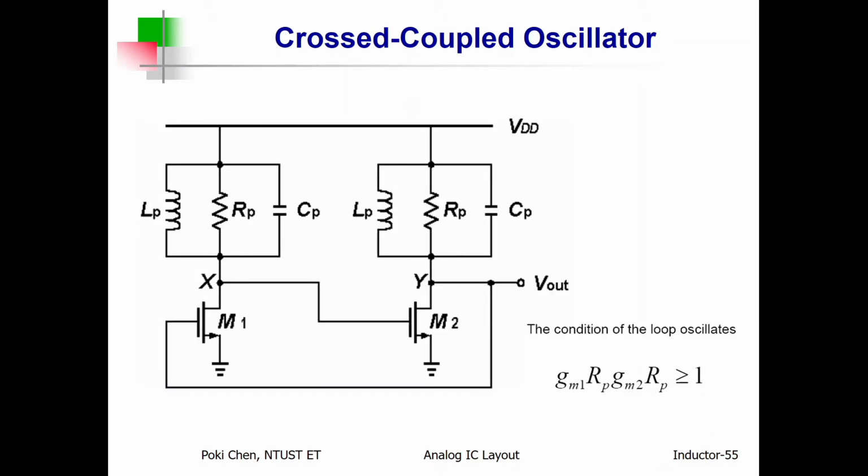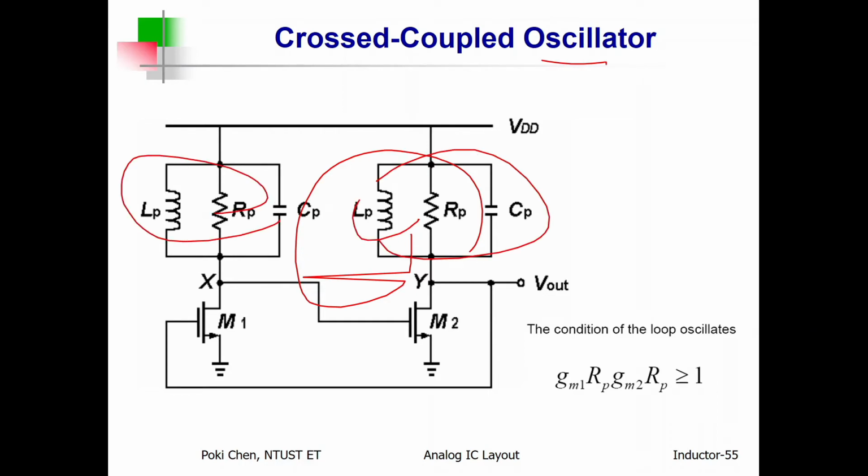Okay, and then why do we need such kind of accurate inductor model and good layout for the inductor? Because it is used substantially in RF circuits. For example, this is some kind of high frequency oscillator. It needs two inductors.